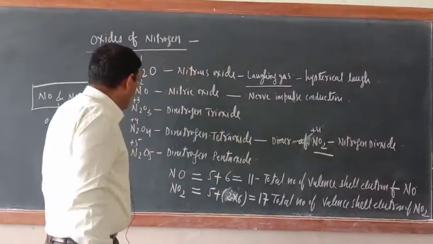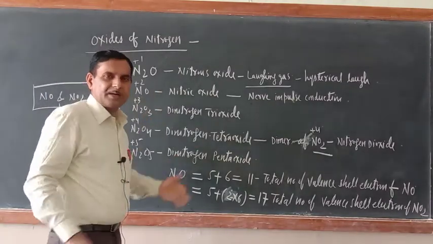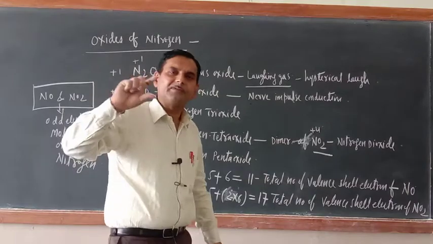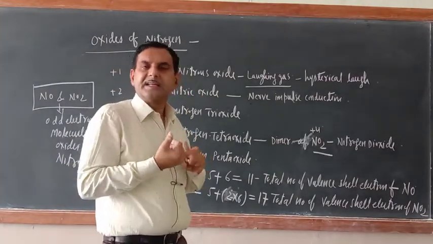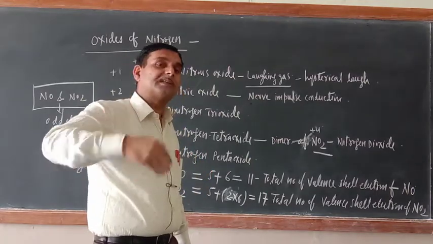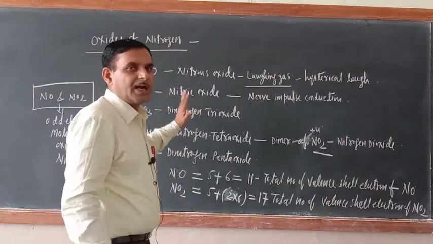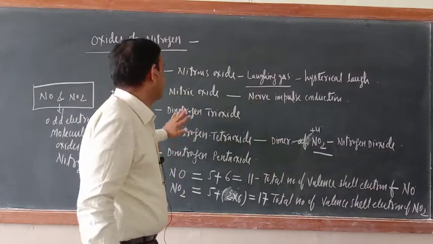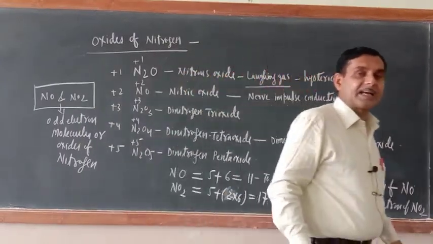So this is the introduction about the oxides of nitrogen. Now one by one I will take and tell their methods of preparation, their properties, and if some special things are there, that should also be taught, and I will try hard to complete that. Okay, so the first one I will take is nitrous oxide.